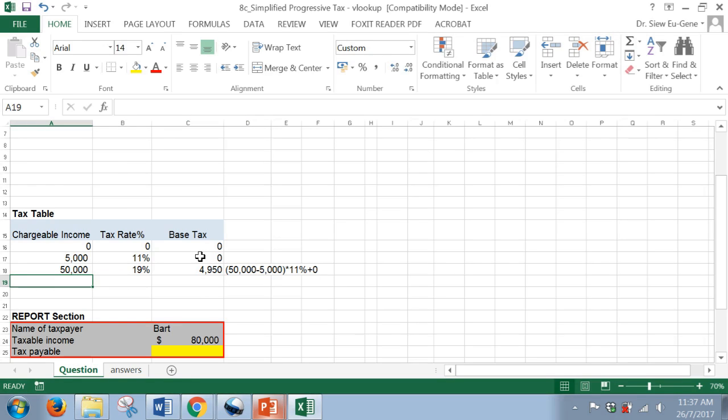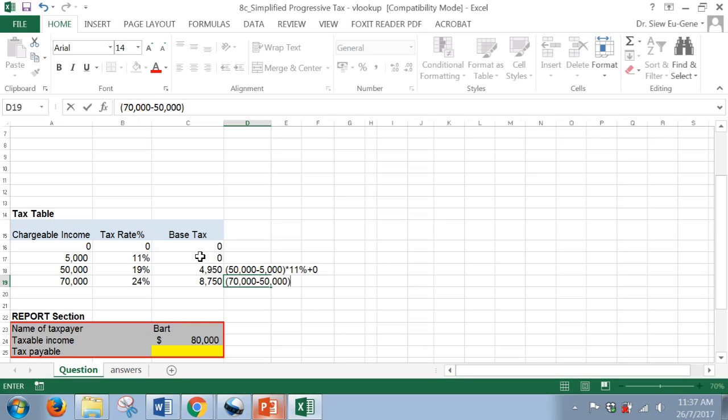So we do the same thing for the next tax bracket, 70,000. The tax rate is 24% and the base tax is 8750. Again, the same thing. How do I get this? 70,000 minus 50,000, times 19%, plus the previous amount that I've already calculated, which is 4950.